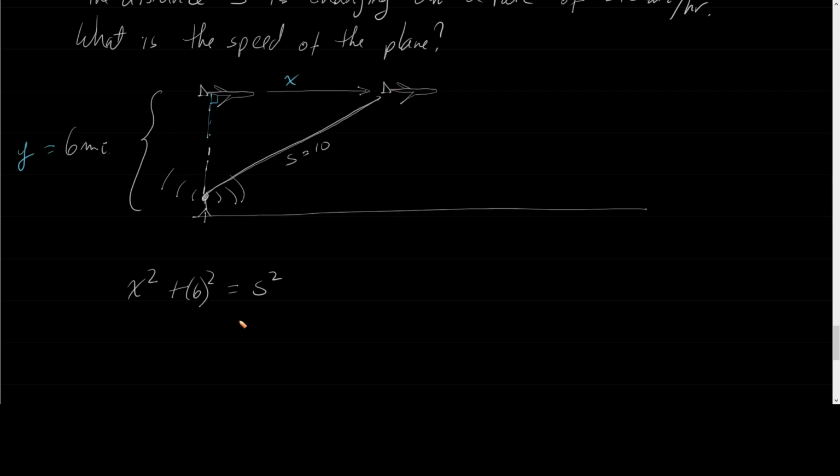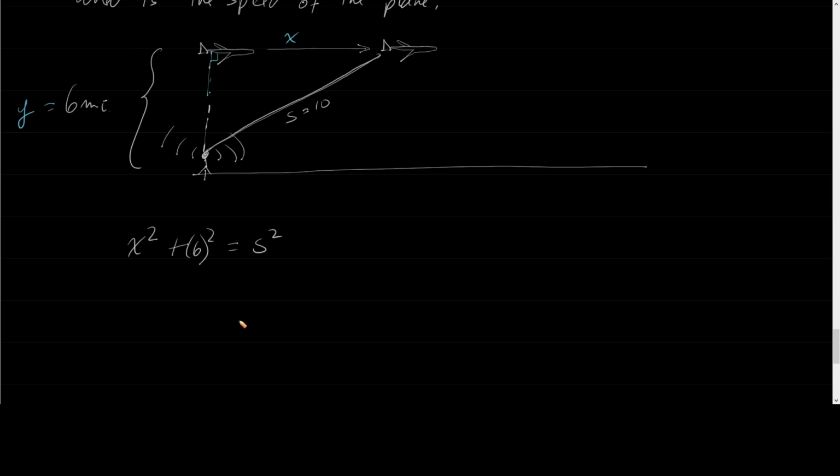So in there, I want to take the derivative because I'm looking for rates of change. So the derivative, with respect to time, gives me 2x times dx/dt plus 6 squared. That's just 36, a constant. Its derivative is 0. s squared gives 2s ds/dt.